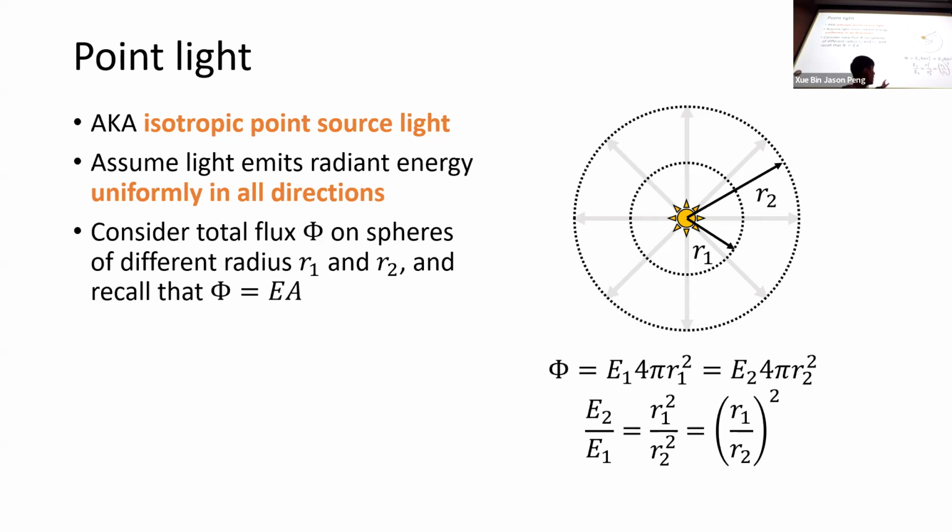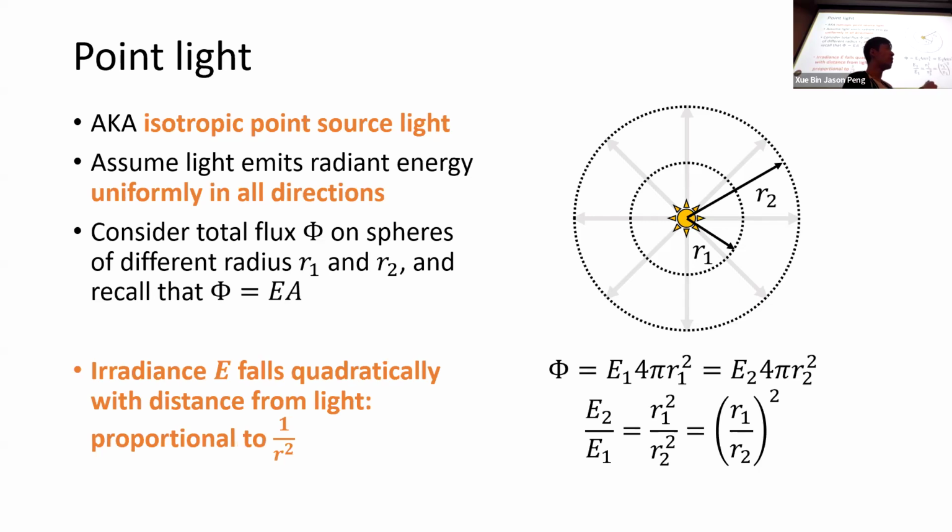So the ratio between E2 and E1 is going to be equal to the ratio between R1 and R2 squared. Which means that as we move away from the light source, the irradiance of the light source is going to drop off by the square of the distance. So the further away from the light source, the dimmer the light source is going to appear, which I think generally makes sense.